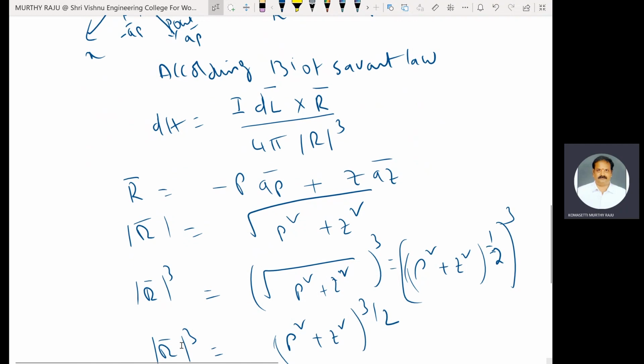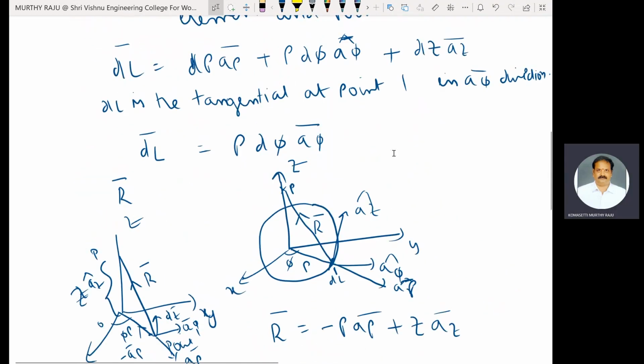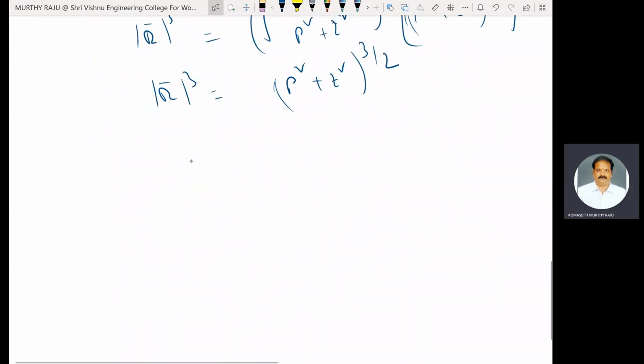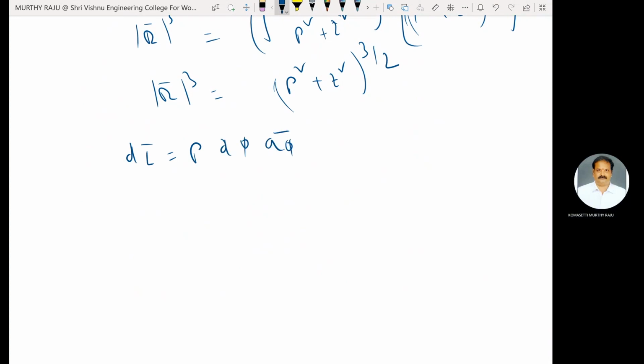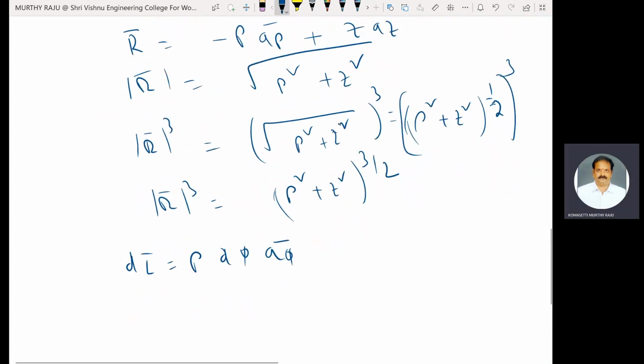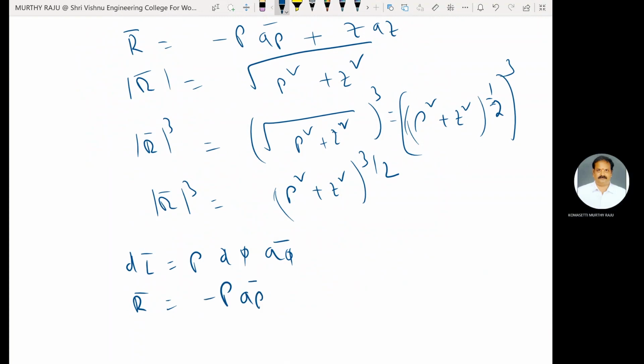We know that DL bar is equal to rho d phi a phi bar, and R bar is equal to minus rho a rho bar plus z a z bar.